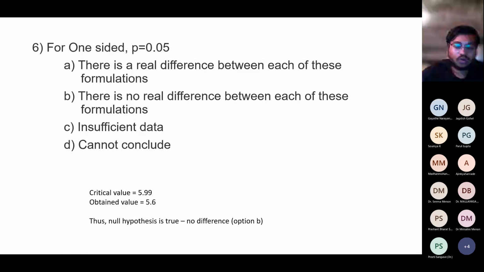Or it can be that you have a very small subset of data and you think that the pattern might change or be affected if you have more data. In that case, you will select insufficient data. In that case also you can say cannot conclude, but option C is kind of a subset of option D is what I mean.